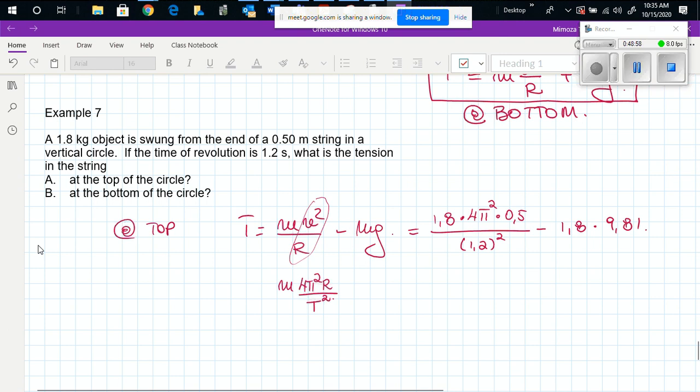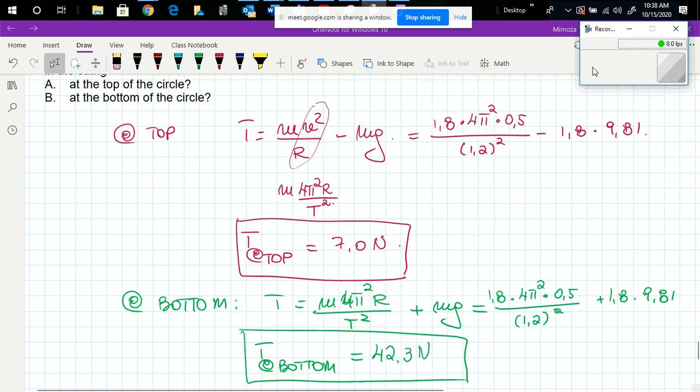You can do this, or you can go through all the steps that we went through to figure out the tension at the top and the tension at the bottom. Initially, I think that will be a good idea, but after that, you probably will be okay to not.